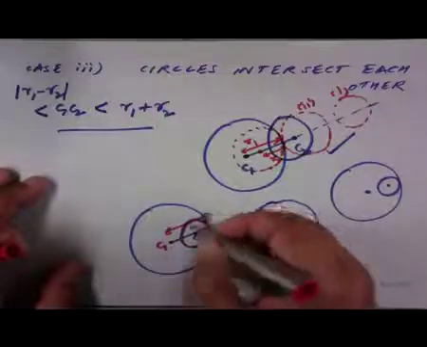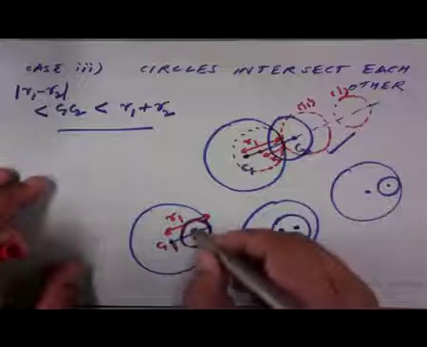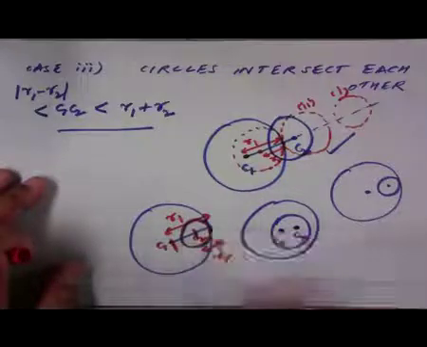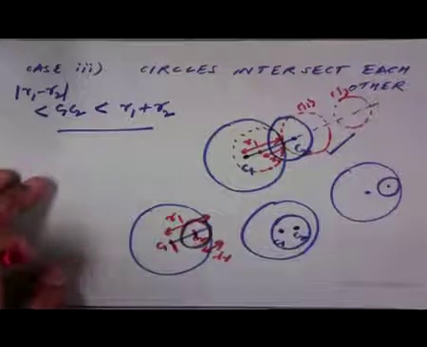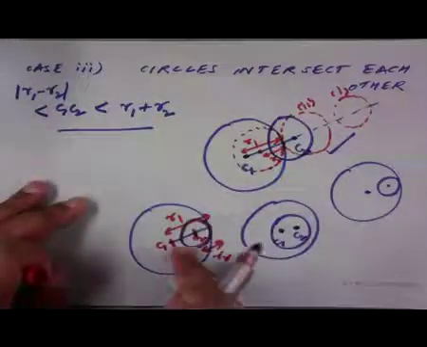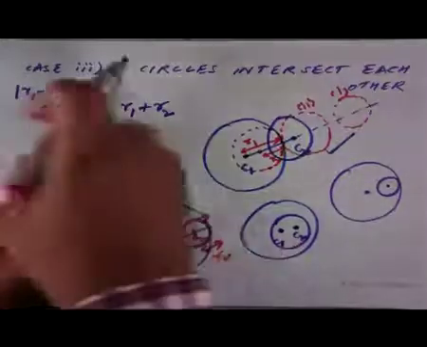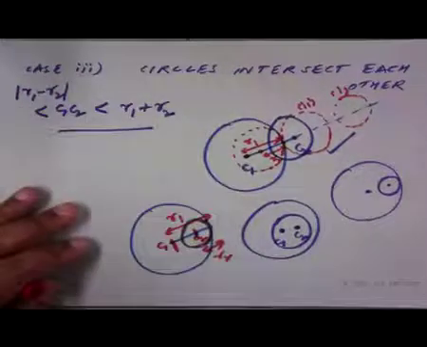So, this is R1 and this is R2. Therefore, the distance between these two centers is R1 minus R2, and we just take a modulus because of course, here we are assuming R1 to be larger than R2, but it could be the other way around. So, that is why we have to take modulus.